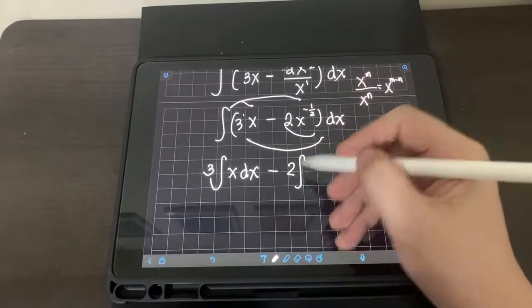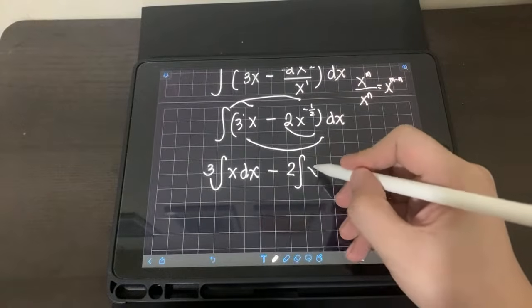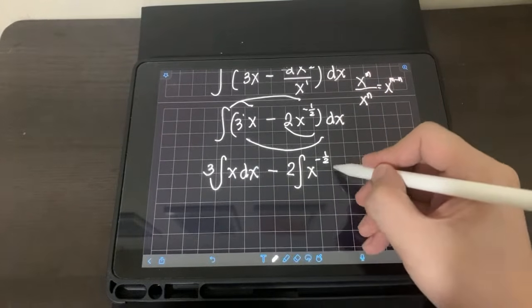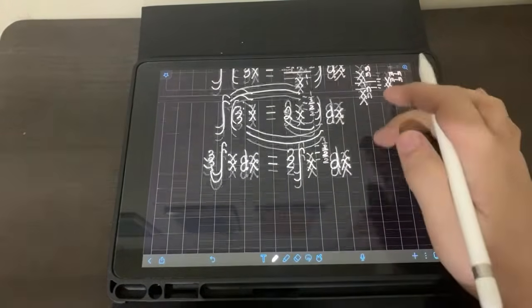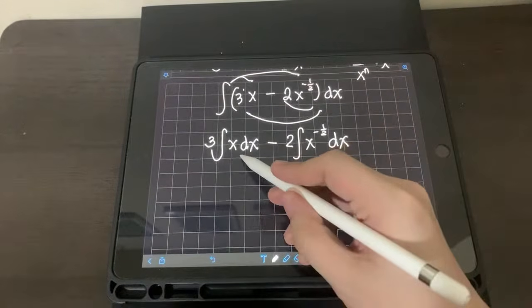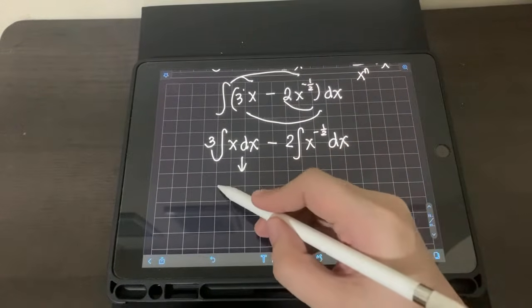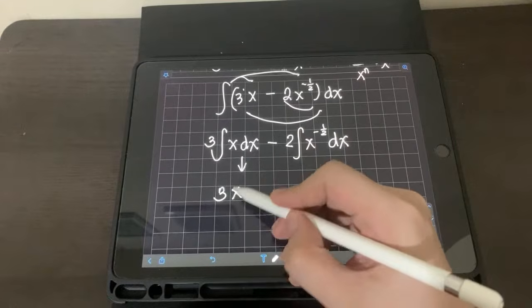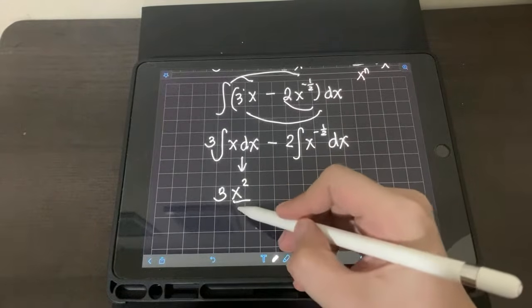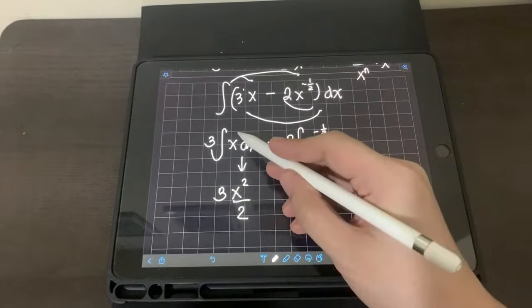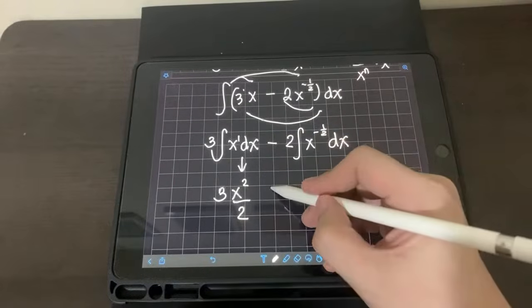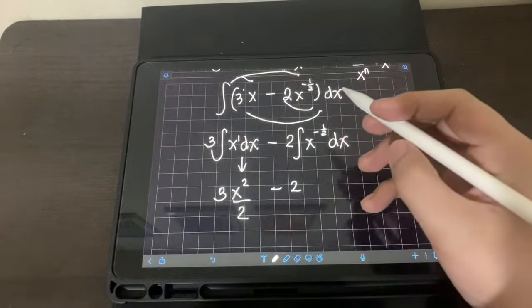So, gilid nyo lang. Then, integral of x raised to negative 1/2 dx. So, apply power formula. Okay, for this one, we have 3x raised to 2 over 2. Right? Exponent of this is 1. Then, minus 2.